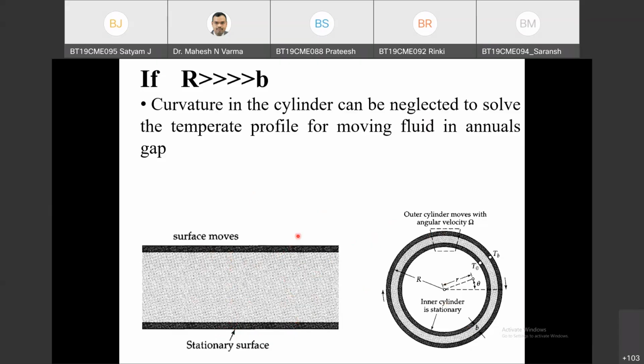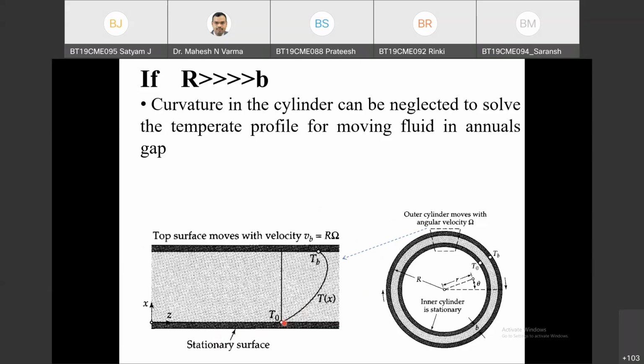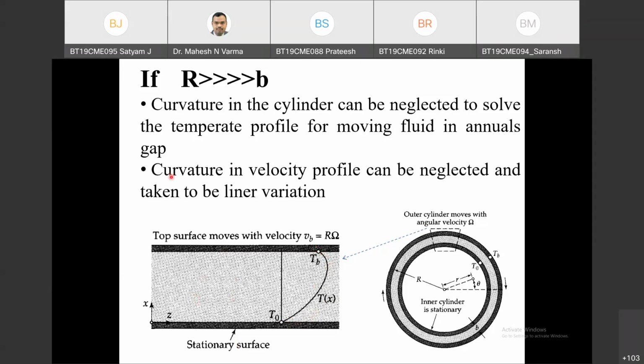So this will be the expected temperature profile. Here the temperature will be T naught, here TB, and some profile in between that depends upon the viscosity and other properties of the fluid. The curvature in the velocity profile can also be neglected, because this distance is very small, and hence I can directly get it.